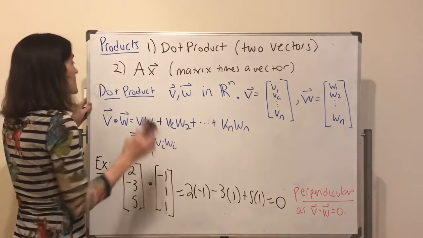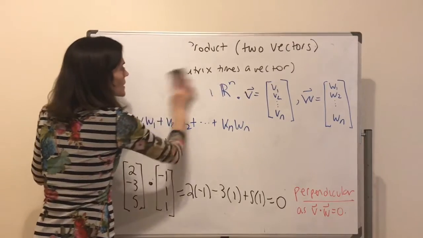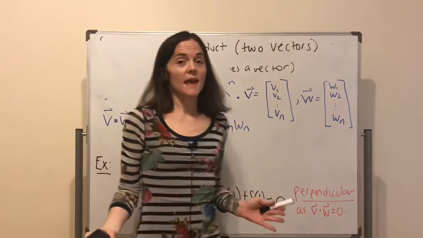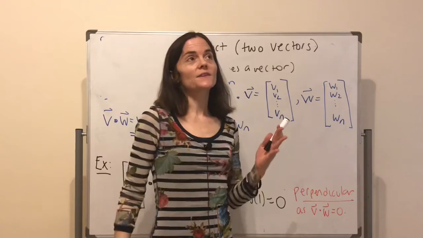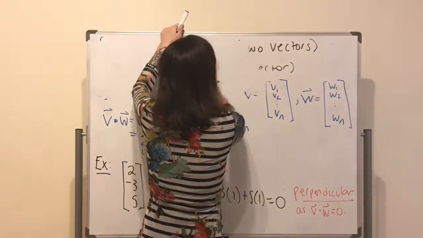And let me show you another way you can think about it. I mentioned that the dot product really doesn't care if you're a row vector or column vector, okay? You just have to have two vectors that are the same length.